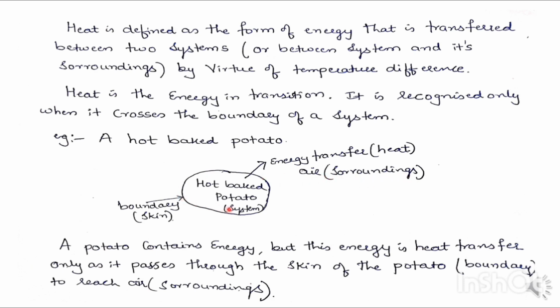So this potato, when it is baked, contains energy, but this energy is heat transfer only as it passes through the skin of the potato, that means the boundary of this system, to reach air or surroundings. So here the energy transfer takes place in the form of heat. It is crossing the boundary of this closed system. So heat transfer is recognized only when it crosses the boundary of the system.